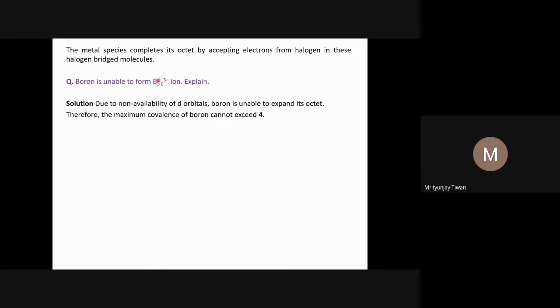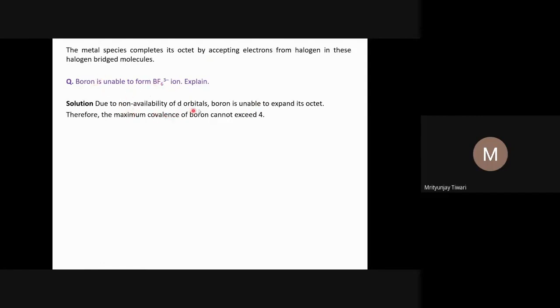Boron can at most form BF4-, not BF6 3-, because to have BF6 3-, two vacant d orbitals are also required, like in AlF6 3-, where the fluoride ions can push their lone pairs of electrons. That is not there, so boron doesn't form this.